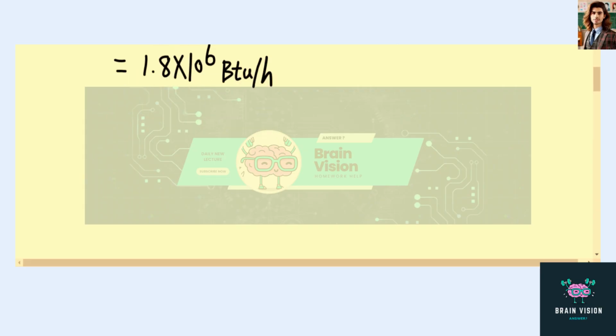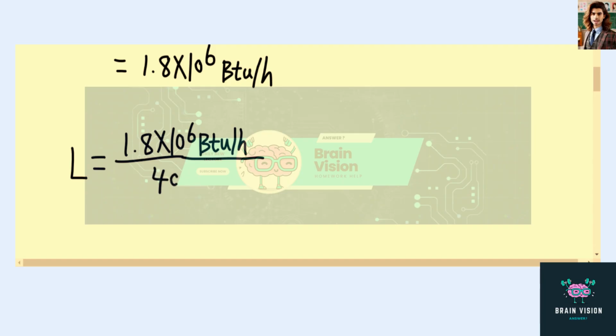So therefore, let's start. The length can be equal to 1.8 times 10 to the power of 6 British thermal units per hour divided by the rate of heat transfer per foot length, which is 400 British thermal units per hour per foot length, which is times feet.